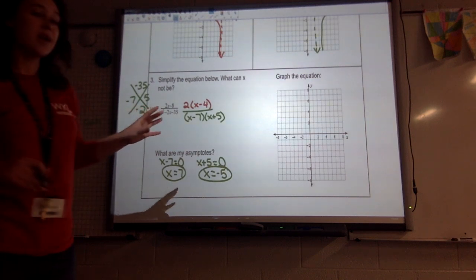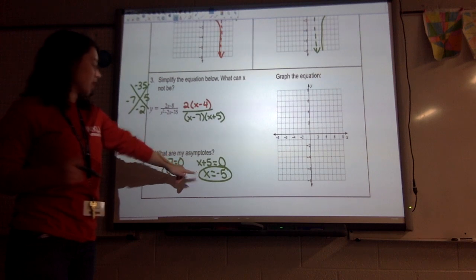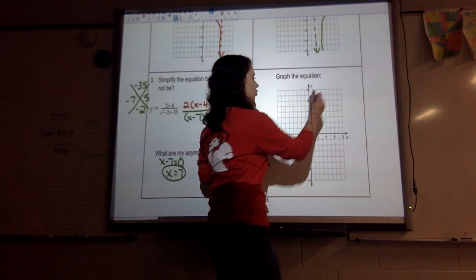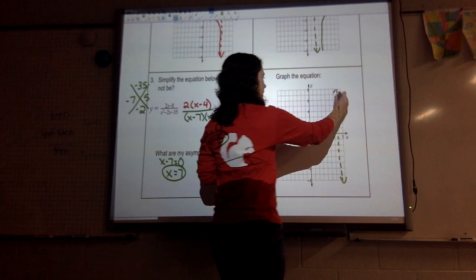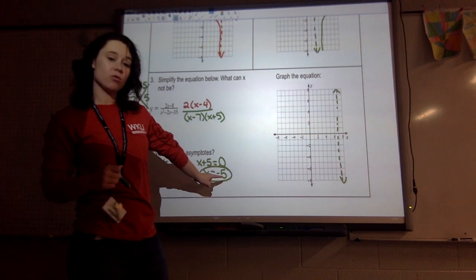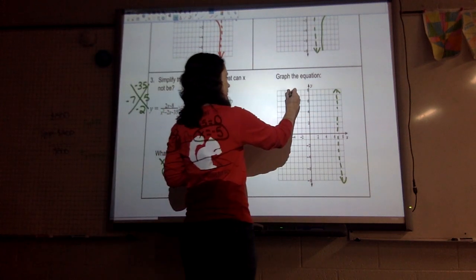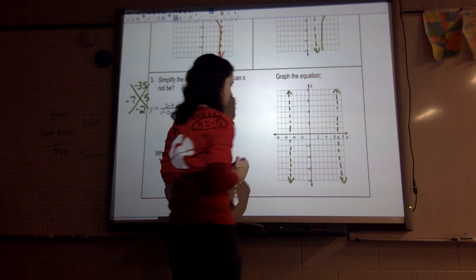So once I have my asymptotes, now I'm ready to graph. So I'm going to go find both of these points now. So here's x equals 7 all the way over here on the right. You'll draw a line through it. And then your other one is x equals negative 5. You'll draw a line through it. Okay.